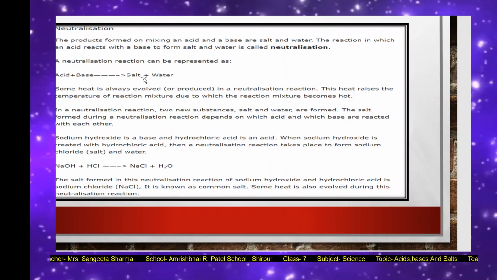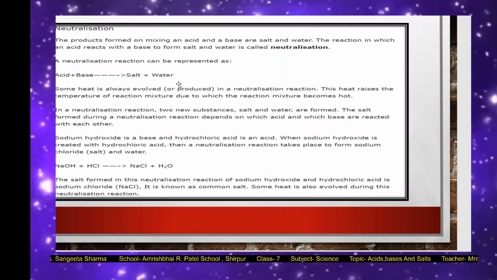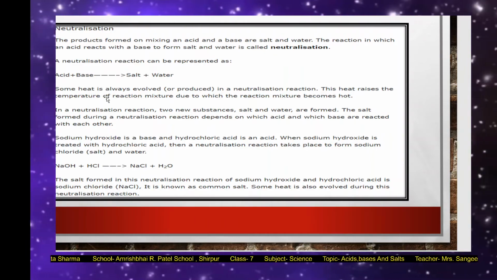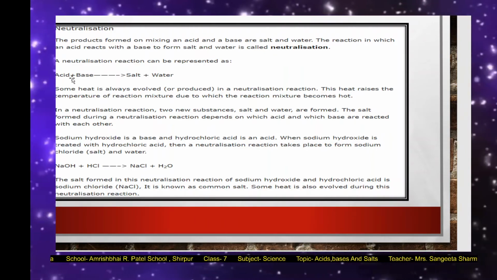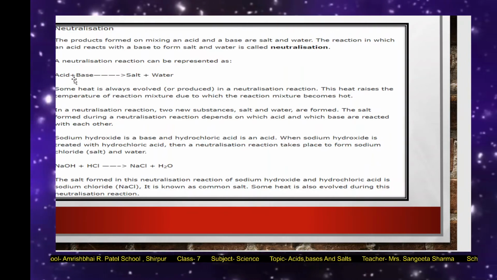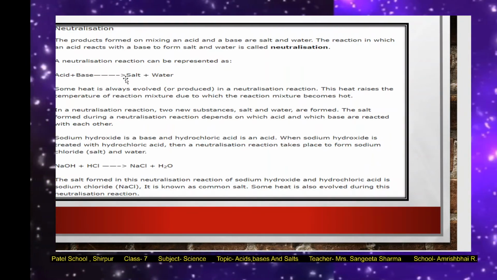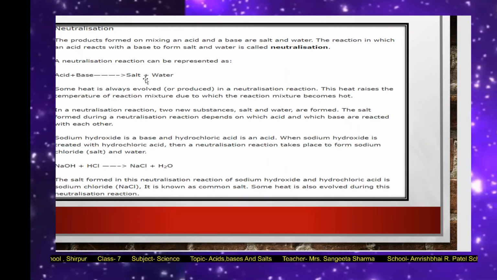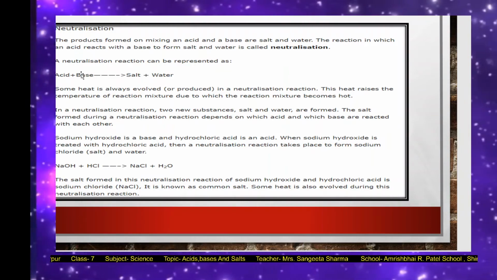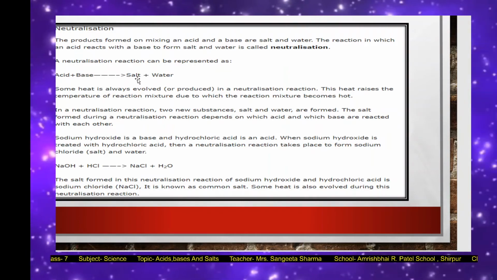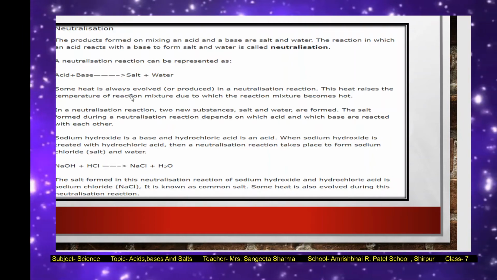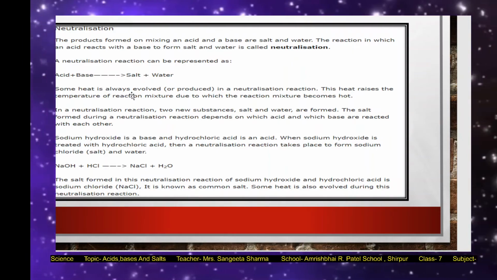We use this plus sign because we are getting two products. So acid and base react and form salt and water. This process is known as a neutralization reaction.